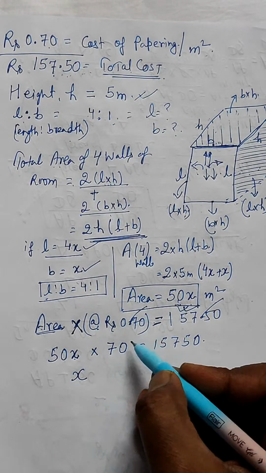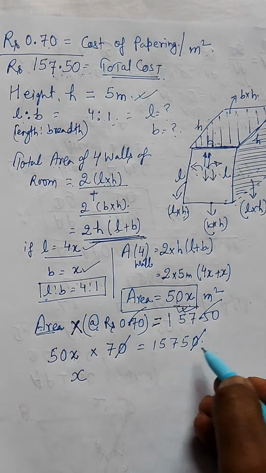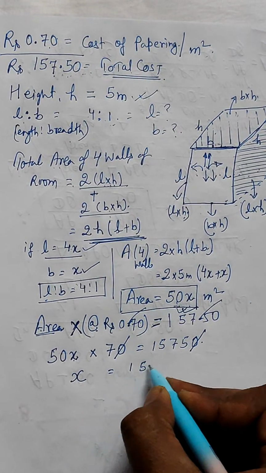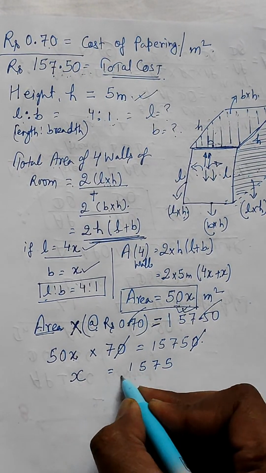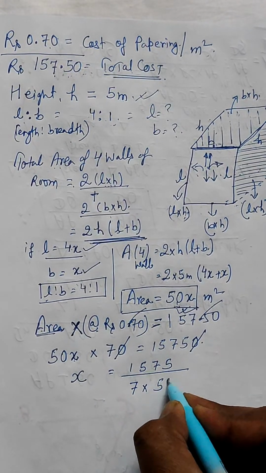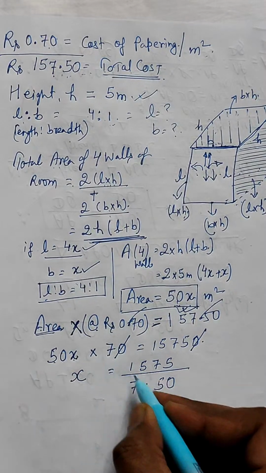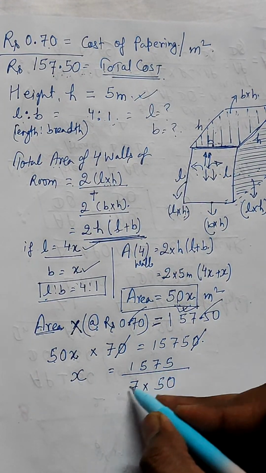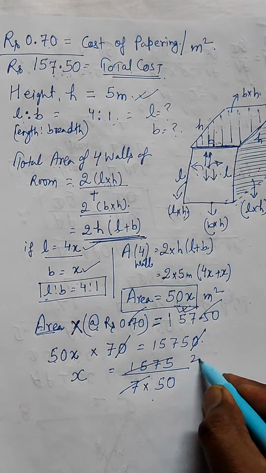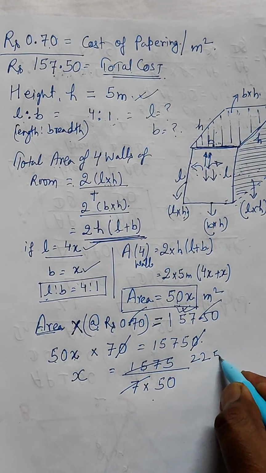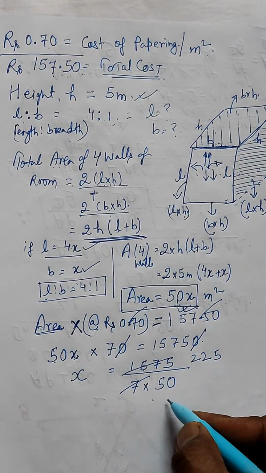Here you can also do one thing, just cancel 10 from LHS and RHS. So on the RHS you will have 1575 by 7 into 50. This 50 and this 7 will come into the denominator. From 7 you can cut 1575: 7 5s are 35, 7 2s are 14, 7 2s are 14, so 225 by 50.